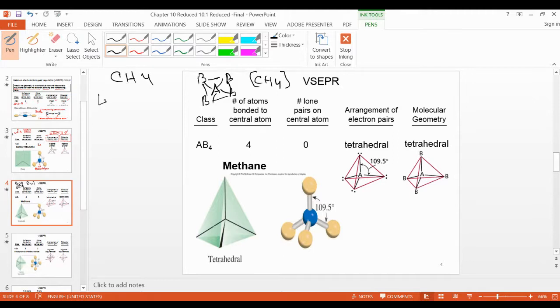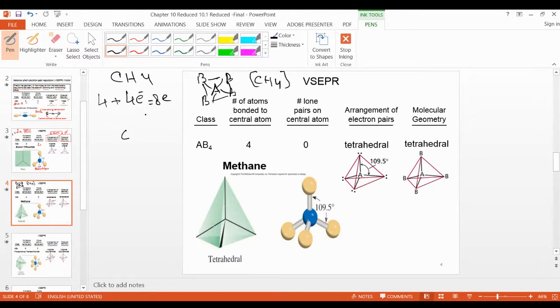Carbon belongs to group 4, so 4 electrons, plus 1 hydrogen multiplied by 4, so 4 electrons again. Total is 8 electrons. Hydrogen is never a central atom. Write it in your note: hydrogen is never a central atom. Only carbon is the central atom.